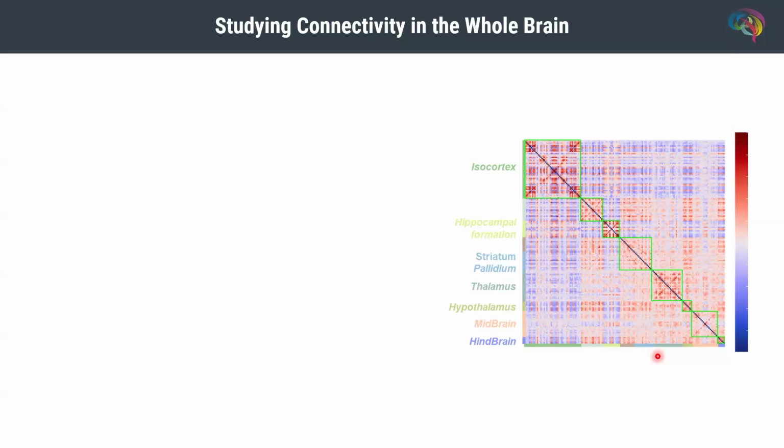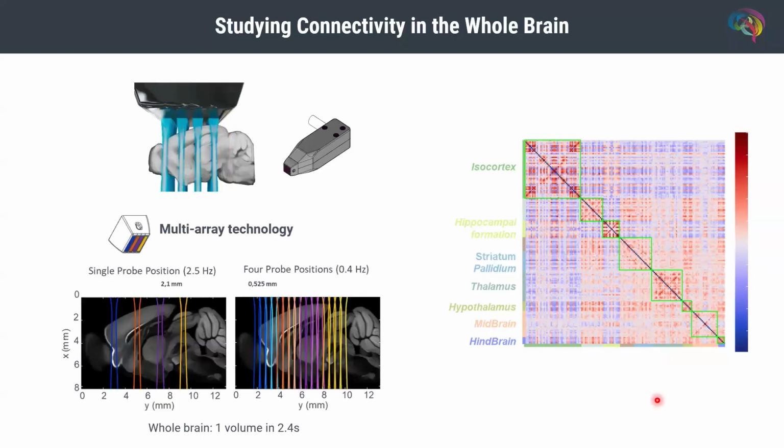Sometimes we want to acquire and construct bigger matrices like the one that you see, and to overcome this problem, we have developed a 4D multi-array probe, the ones that you can see here, for the simultaneous multi-slicing of the brain that allows us to cover the whole mouse brain in just 2.4 seconds.